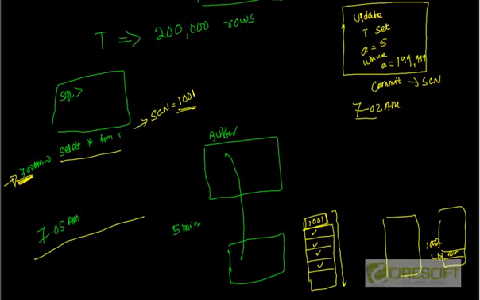Next is flashback query. This flashback query is a feature where if I say select star from EMP, I will get the current data in employee. But is it not a good idea if I have to know how many employees there were at the beginning of the year?